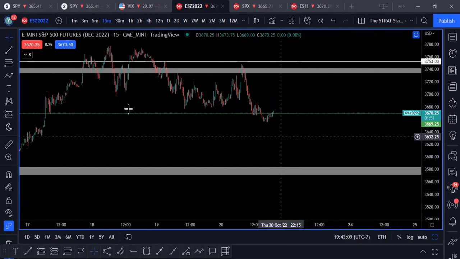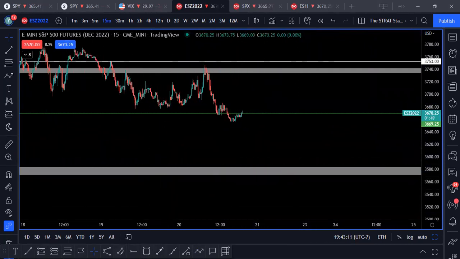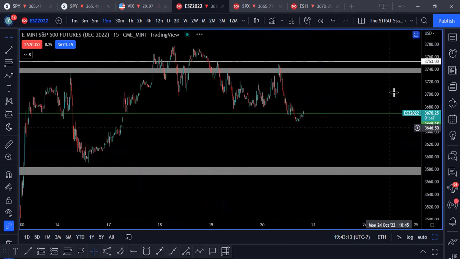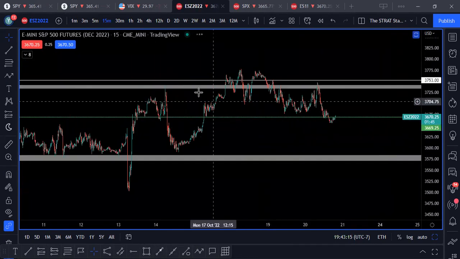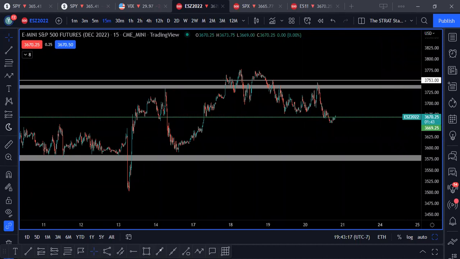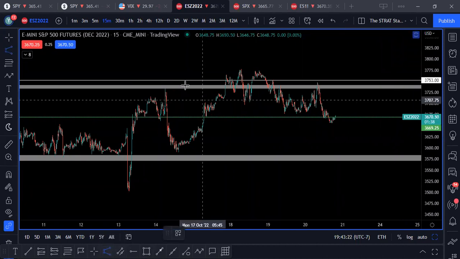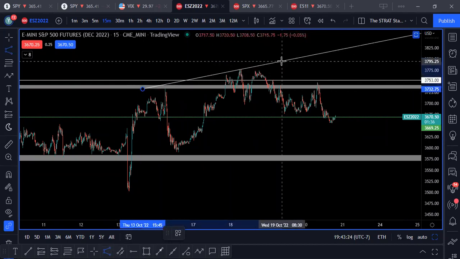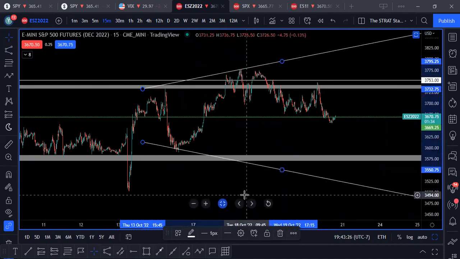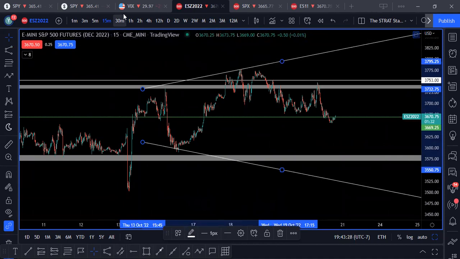Even though it's just a level, it's still technically a broad formation. That's a 1 minute chart right now. This is a 15, but I just go through the time frames. I don't really make a big deal of the time frames, so they all kind of line up. People always ask me what time frame.